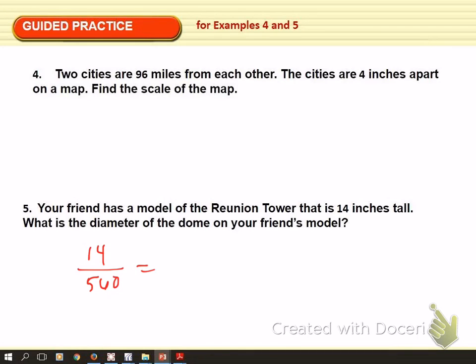I don't know the diameter of my friend's dome, but I do know the diameter of the actual dome is 117.6 feet. Now I'm going to cross multiply and then divide by 560.